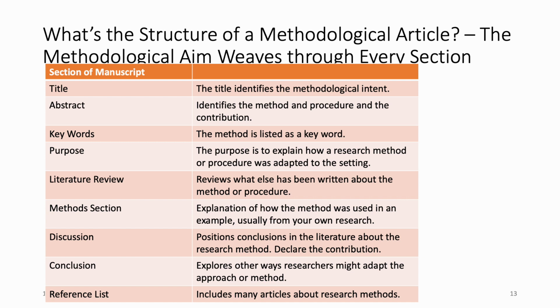Really what it's saying is the methodological aim weaves through every single part of the article, from its abstract to its title to its key words to the way the literature review is organized, to the way the reference list is formatted. So, for example, just pulling out one part of this table, the literature review is organized around the method in a methodological article rather than the construct or the theory.